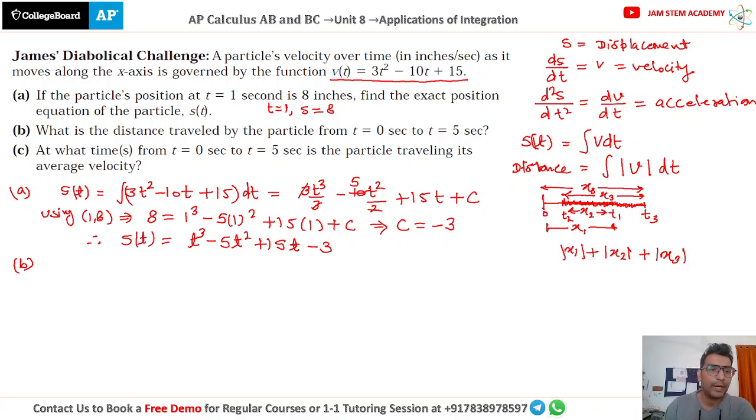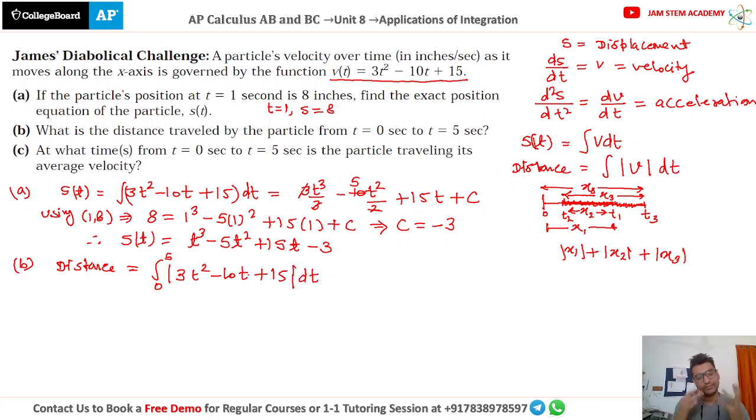Okay. Now B part. It says, what is the distance traveled by the particle from 0 to 5 seconds? Here, in order to find the distance, you can use your GDC if it is allowed. For this problem, it says 0 to 5. Take the modulus of the velocity function, 3t squared minus 10t plus 15, modulus dt.